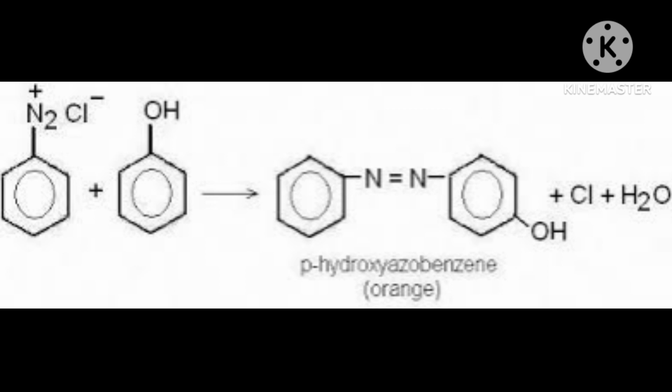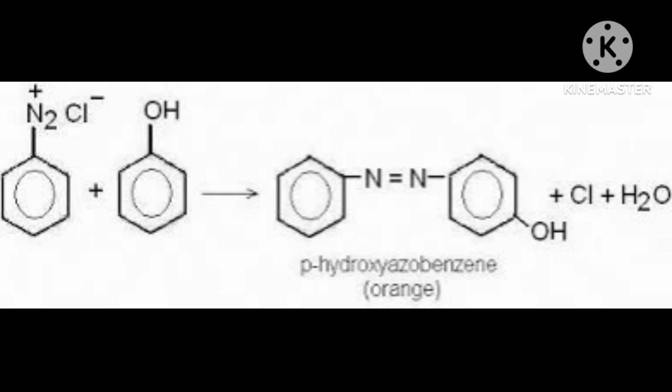You will get para-hydroxy. Para because now the OH came at the para position. Then para-hydroxy azobenzene. Two benzene rings are there, one due to the ArN2Cl, the other due to the phenol. In the middle, between the two benzene rings, N double bond N will come, and both N are joined to the two rings with a single bond.